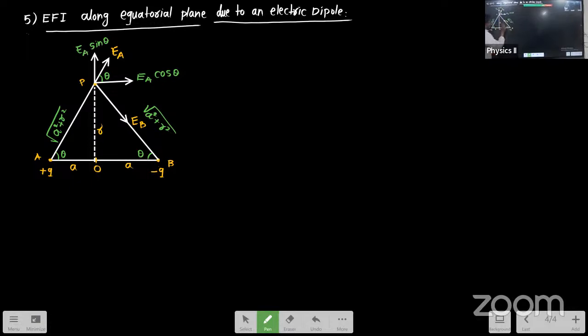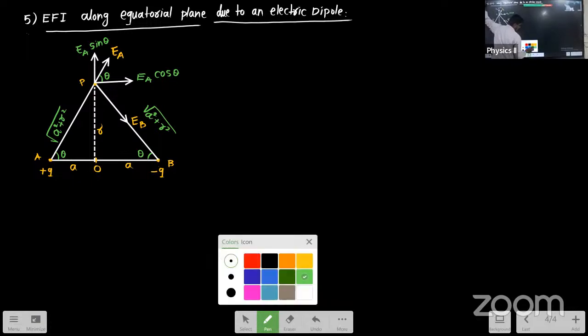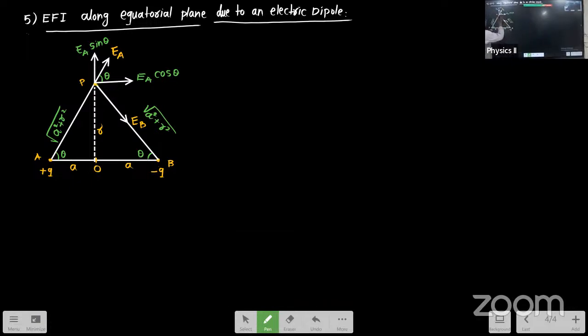Similarly, see here, EB is also neither along the x-axis nor along the y-axis. EB is also lying in the xy plane. Again, we are supposed to resolve this component. I am resolving the EB component. Here we will be getting one more component, and there is one more component which is acting downwards.